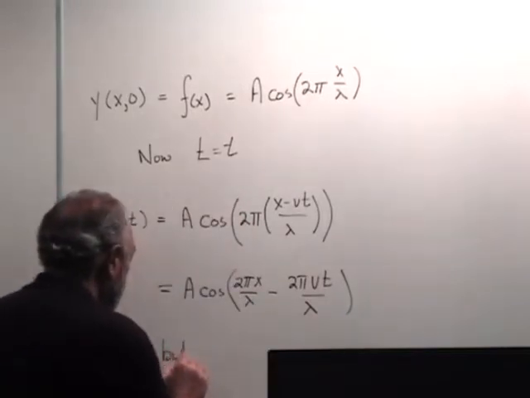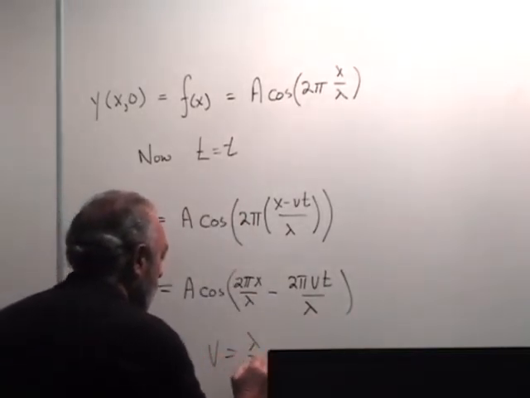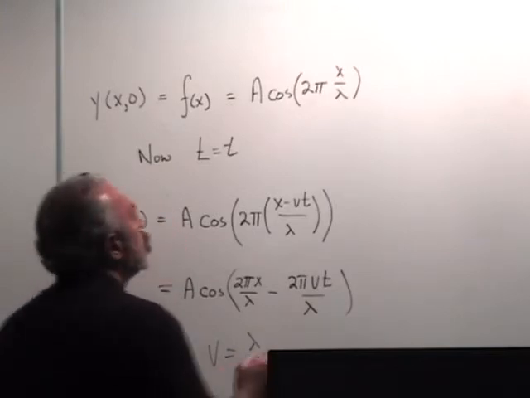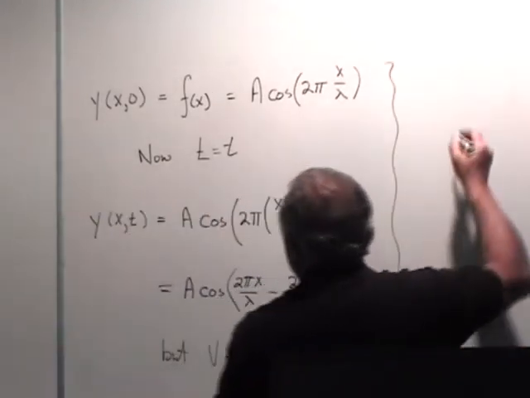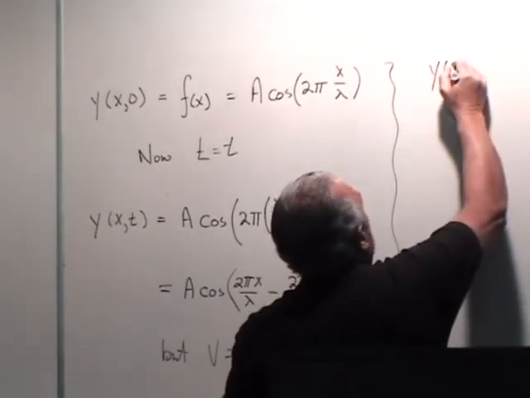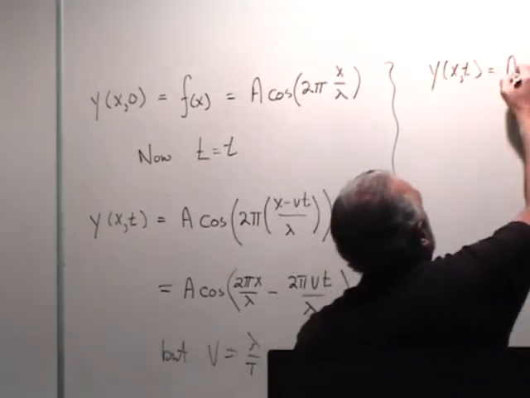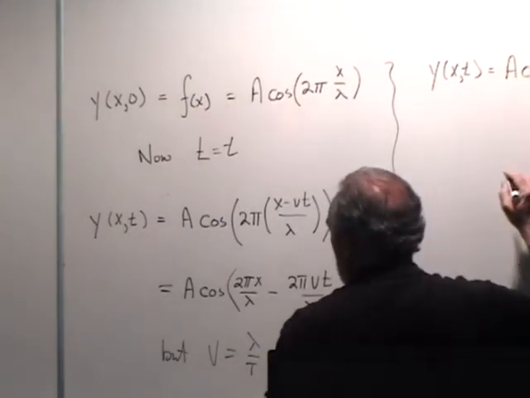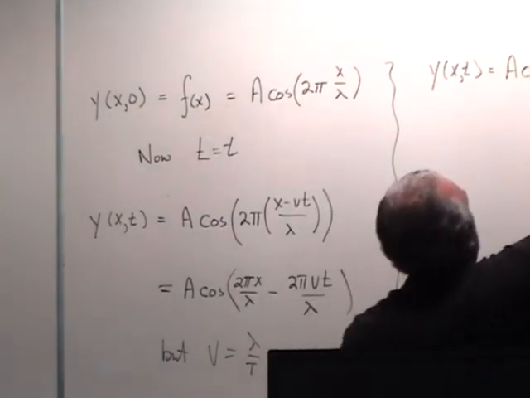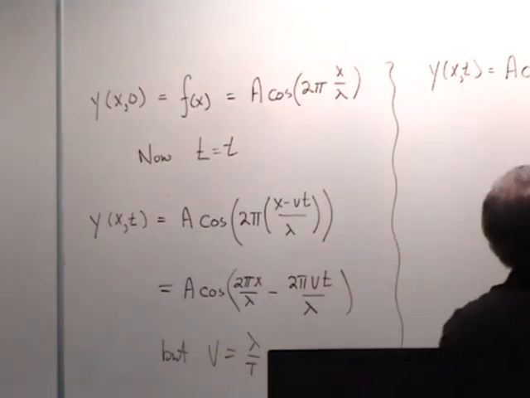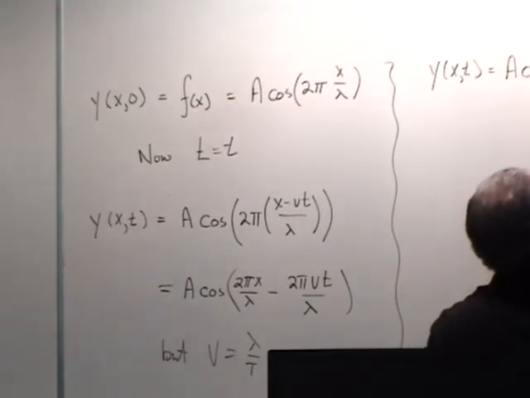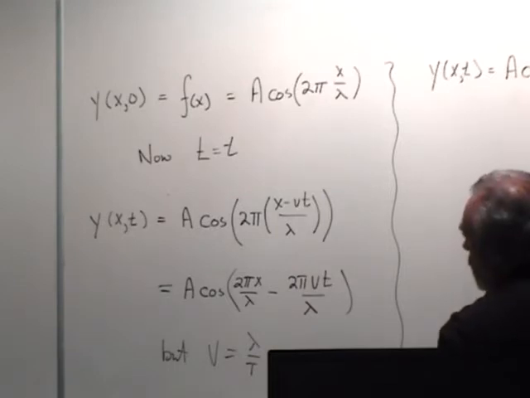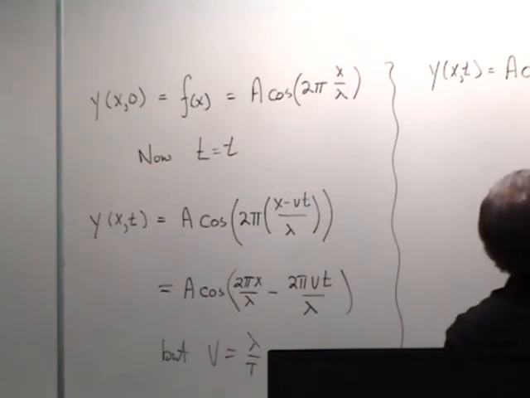But v is equal to lambda over T, so when we replace right there, we get y of x and t is equal to a cosine. And now rewrite this just a little bit differently: 2 pi over lambda x minus 2 pi v, but that's lambda over T, over lambda.